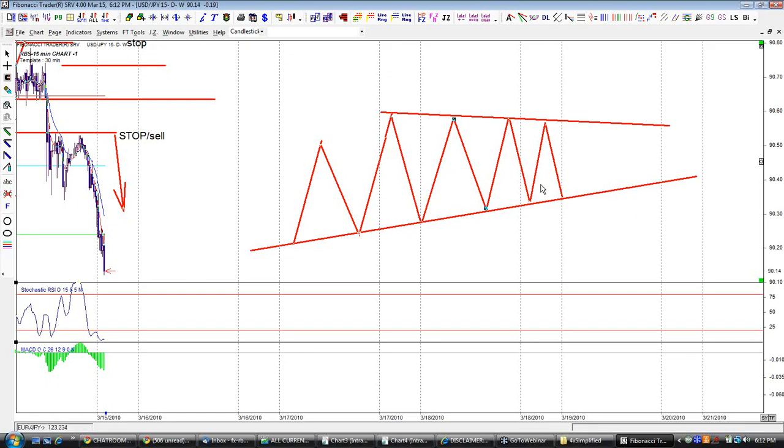It can be horizontal, it can be going up, down, in all different directions. Something specific for wedges is that I love trading bats. When I see a wedge, I'm always looking for a bat.